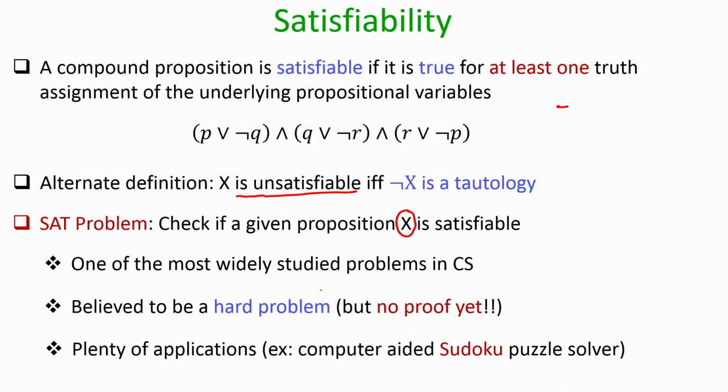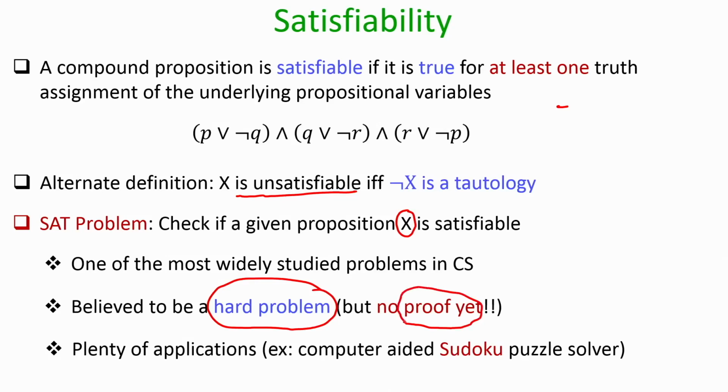What do I mean by hard problem? By hard problem, informally I mean that we do not have efficient, practical algorithms to verify whether a given proposition x is satisfiable or not. What do I mean by practical? Roughly, it gives you the answer very quickly. Of course, we do not have any proof yet that this is indeed a hard problem.